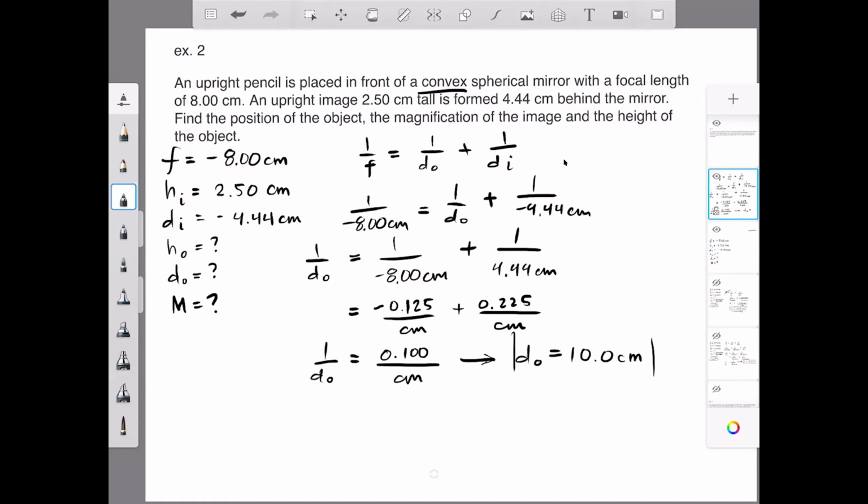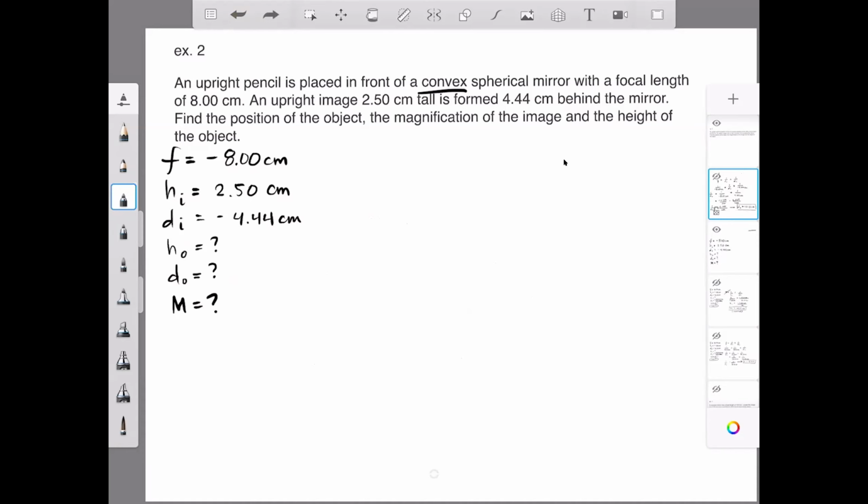So there we go. Our object is 10 centimeters in front of the mirror. Nice.